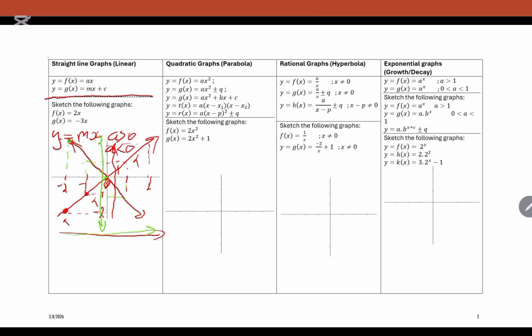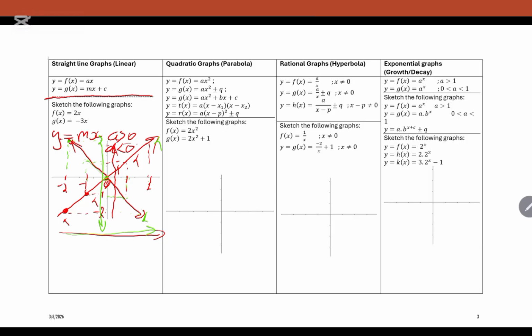Now it is at 0 and 0. When x is 0, x has increased from -1, but y has dropped from 1 to 0. When x is 1, x has increased from 0 to 1, but y has dropped from 0 to -1. So this graph here is decreasing, and that one is increasing.